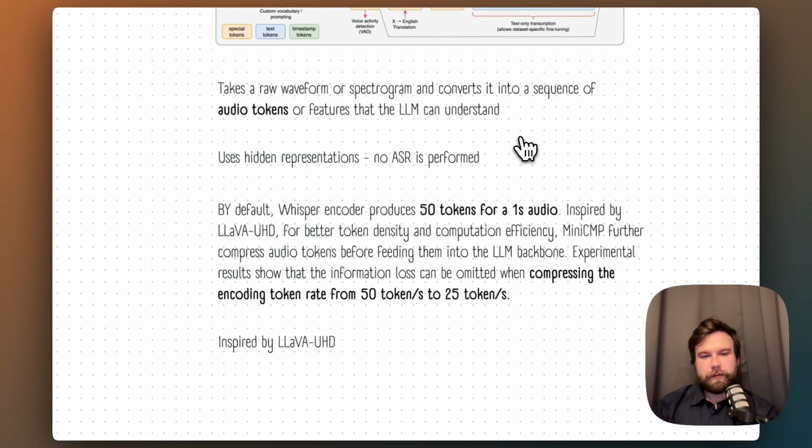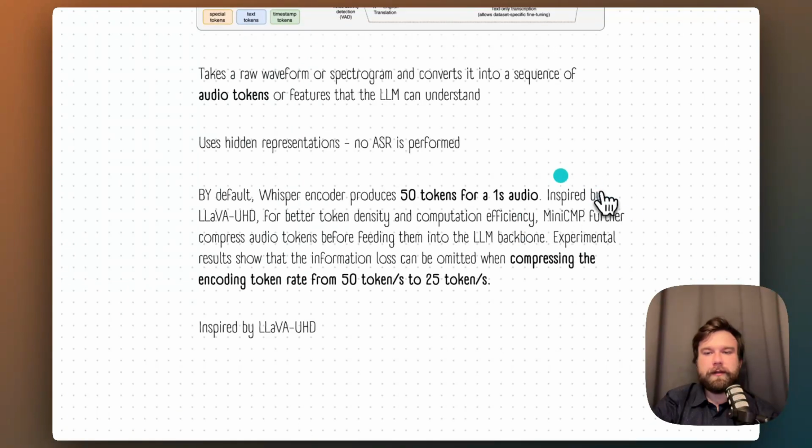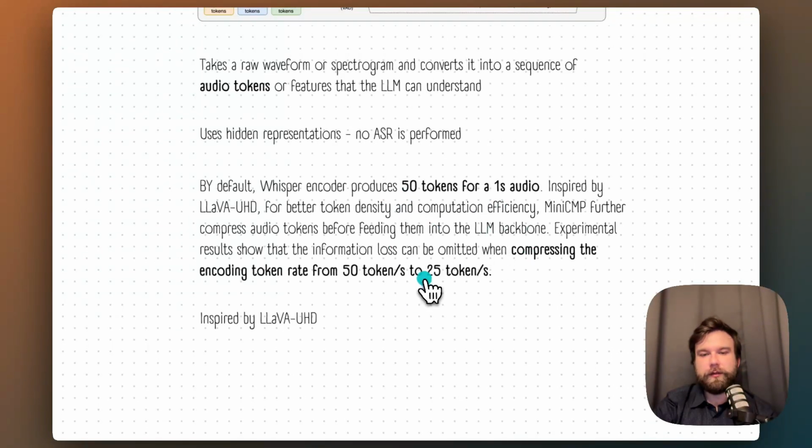So standard Whisper produces 50 tokens for 1 second of audio. We're talking about these audio tokens, right? Virtual tokens, not words. And inspired, as they say, by other LLMs such as LLaVA, they reduced the number of tokens per second to 25, so by half.